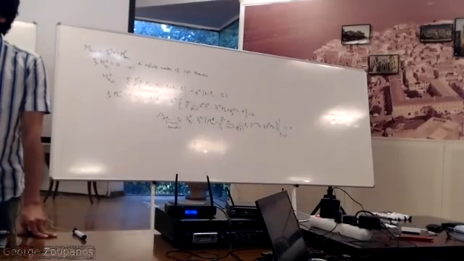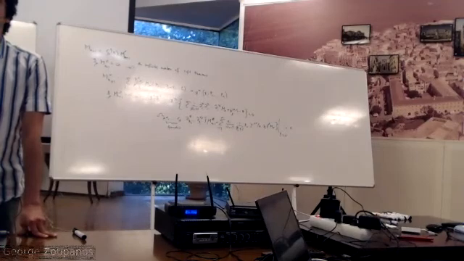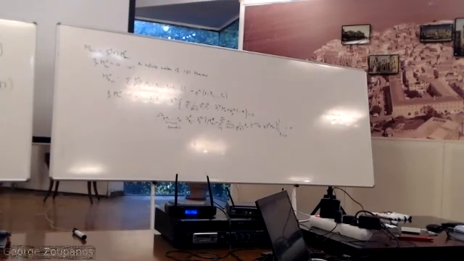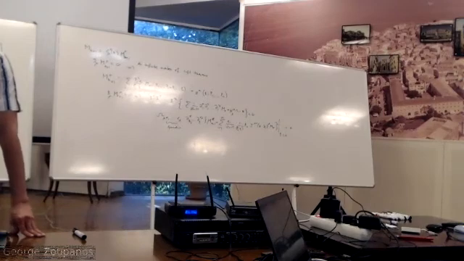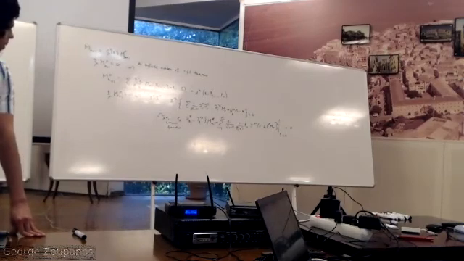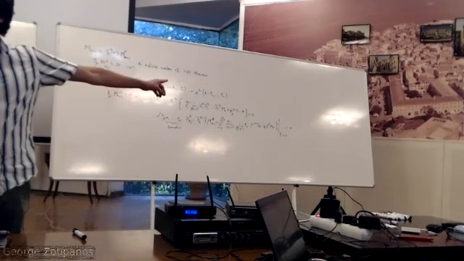Right, I agree. Sorry, maybe I'm confused. I think we're on the same page. No, I mean, this is also the soft theorem, right? Like these are in the limit q going to 0.